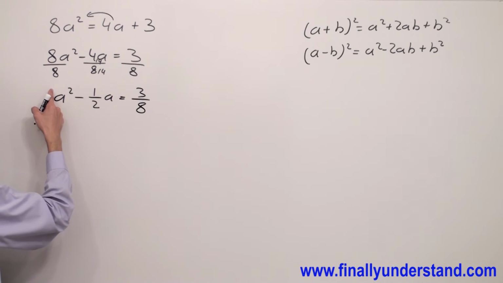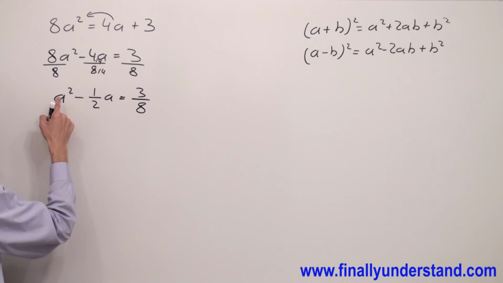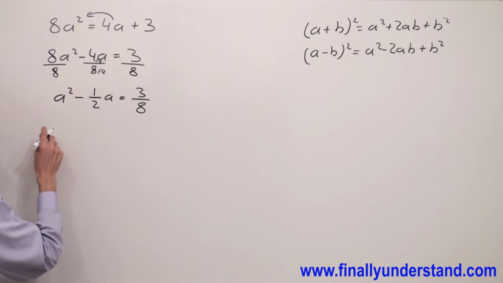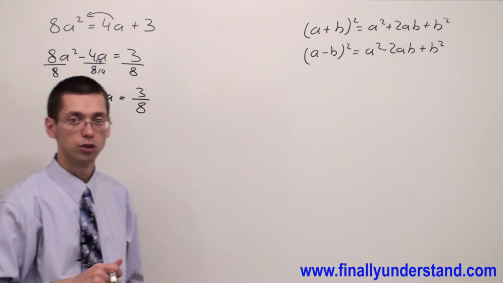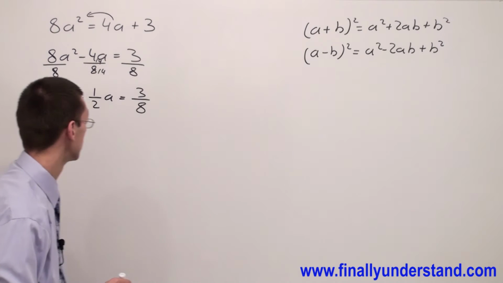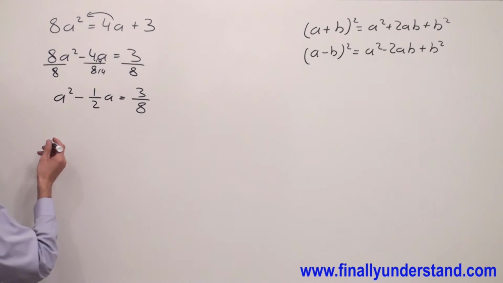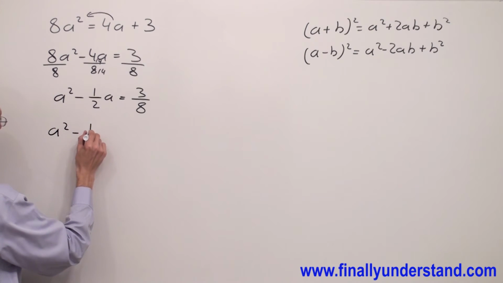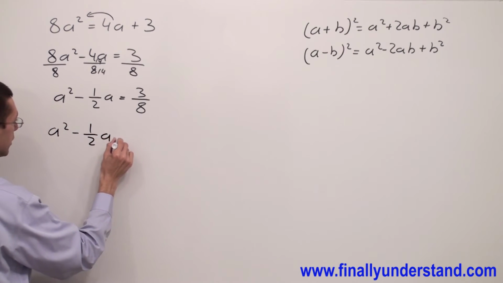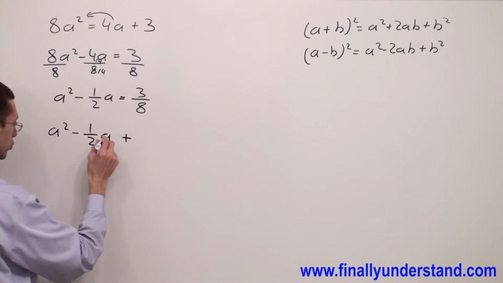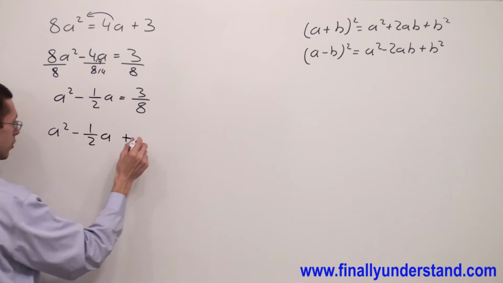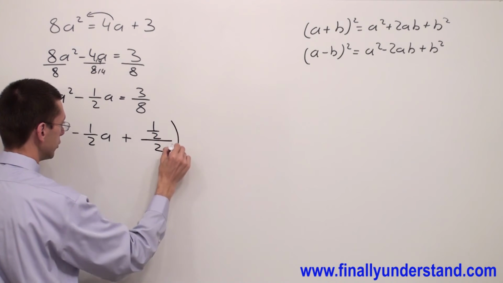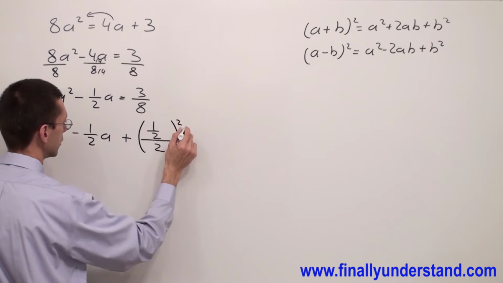So we have the coefficient of your second degree term positive 1, invisible positive 1. So this is the perfect condition to perform completing the square of a quadratic equation. So copy down a squared minus 1/2 a plus, you're supposed to take this coefficient 1/2 divided by 2, and everything has to be raised to the second power.